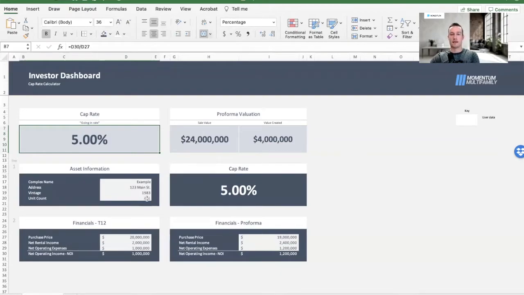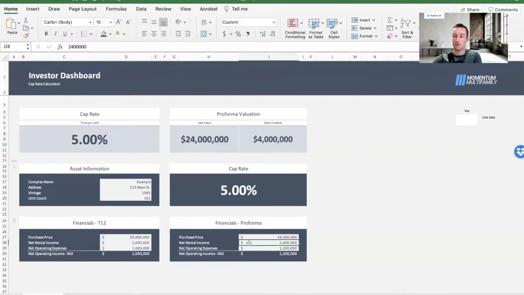Cap rates are also really helpful when you go to value a property at the sale. Let's say you're looking at this investment and holding it for 5 years. You can input your expected net rental income 5 years from now, and then your net operating expenses 5 years from now as well, and it gets your increased NOI.